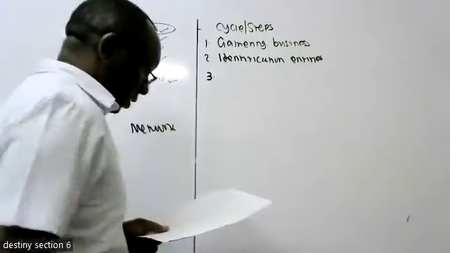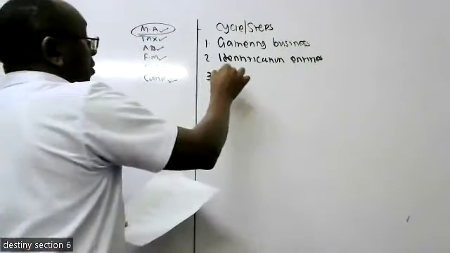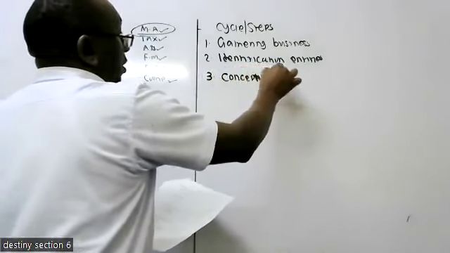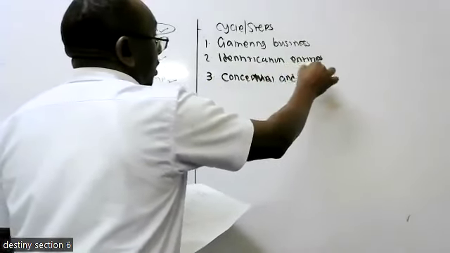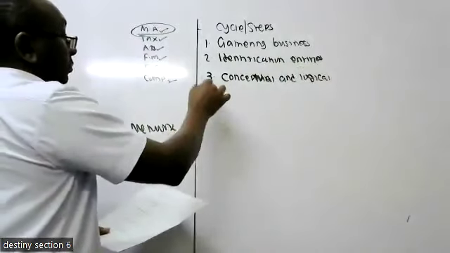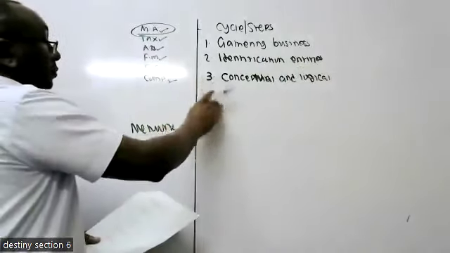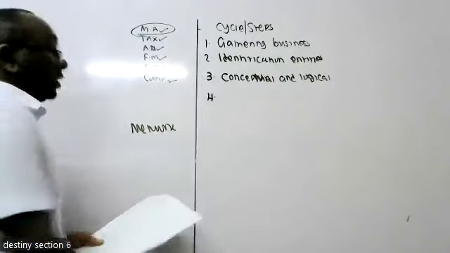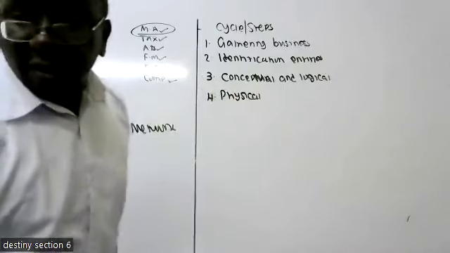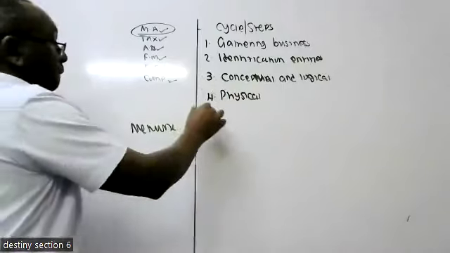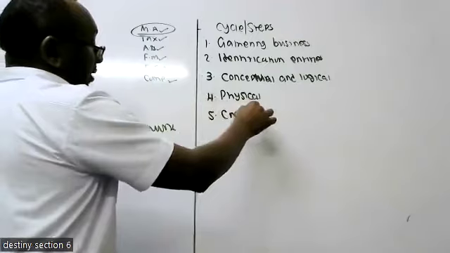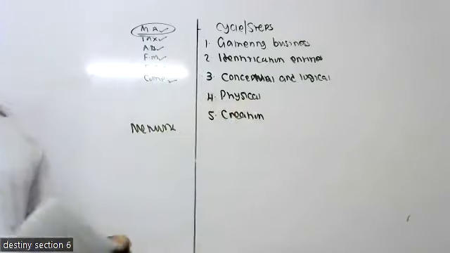Number 3, conceptual and logical modeling. Number 4 is physical data modeling. And number 5 is creation of a database.